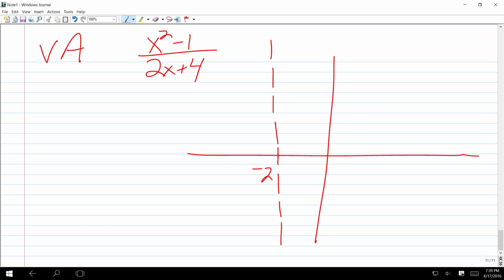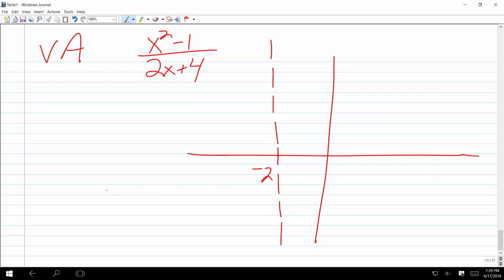Well, as we approach -2 from the right, the numerator is positive. The denominator is getting closer and closer to 0, but it's also positive.